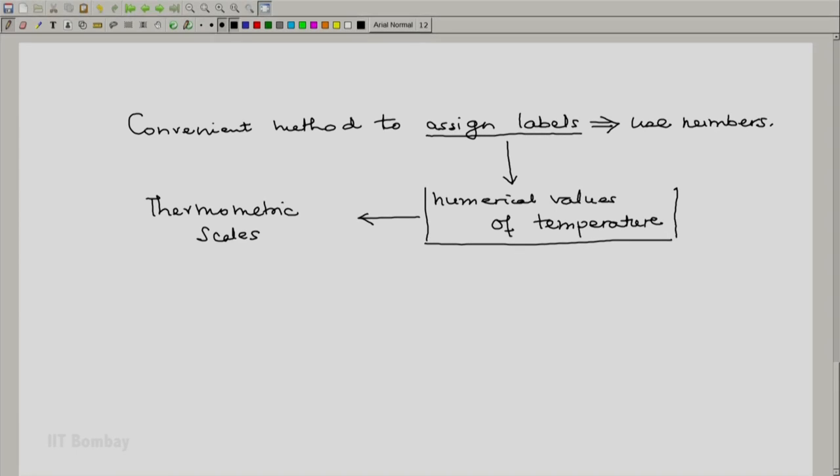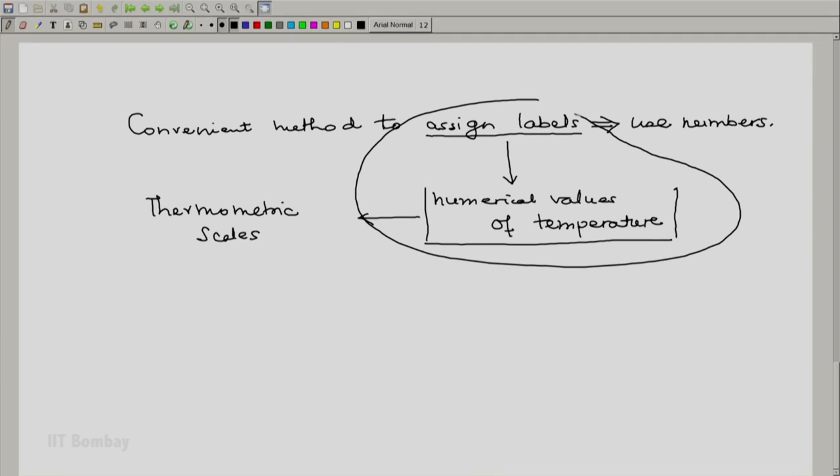The process of assigning labels, creating thermometric scales and using them to measure the temperature of a given system in a specified state is known as thermometry.